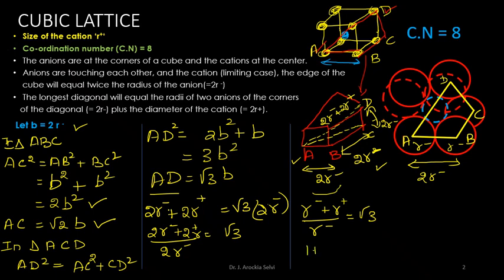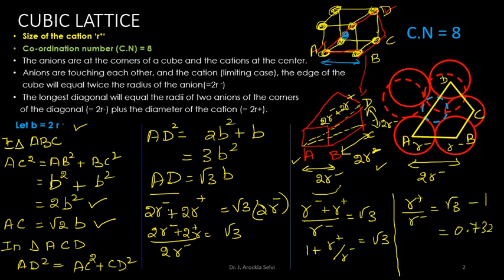Then 1 plus r plus by r minus is equal to root 3. Then r plus by r minus is equal to root 3 minus 1, and the value is supposed to be 0.732. Therefore, r plus by r minus for coordination number 8 is 0.732. Hope you understood this one.